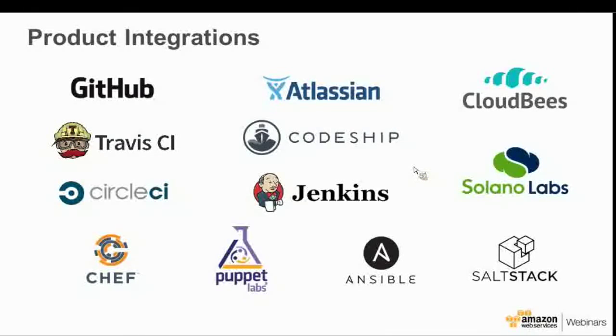Chef and Puppet, Ansible, and other configuration management services. We've seen some of our early adopters use CodeDeploy with these other configuration management systems. They really like the ability to kick off a Chef run on an instance, but then use CodeDeploy for that higher level fleet orchestration. And so we find that these play very well together.